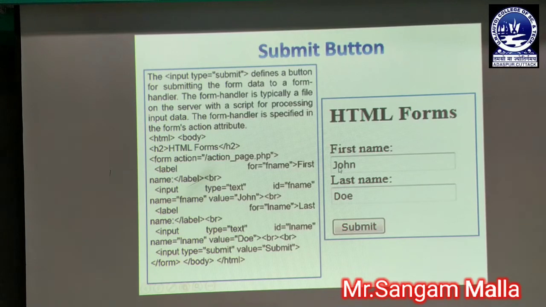As we have discussed before, it gives a single line text box with a maximum of 20 characters, which we can increase or decrease according to the user requirement. It has the id name fname and value John. Whenever we give value equal to something, by default when the page is loaded, that value will be printed in the text box.